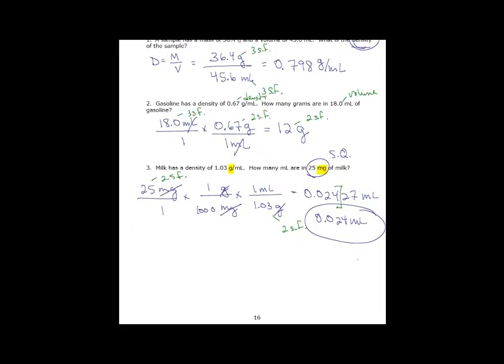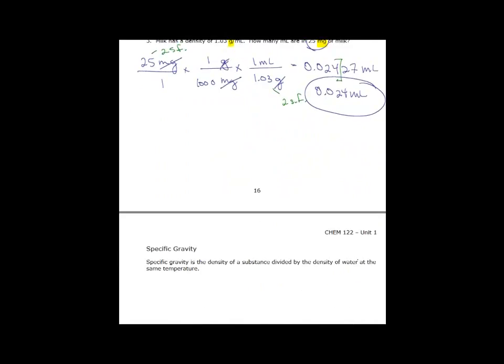Alright, moving on, we're going to talk about specific gravity. Specific gravity is the density of a substance divided by the density of water at the same temperature.